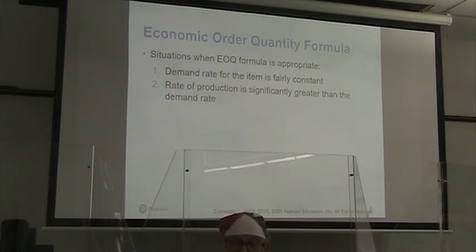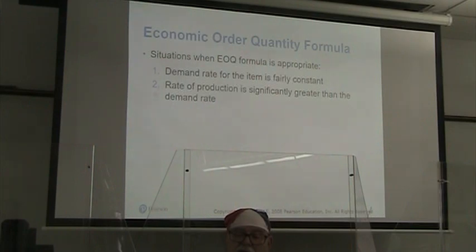All right, so when do we use the economic order quantity formula? When we use it, first of all, we want the demand rate for the item to be pretty close to constant. Doesn't necessarily have to be exactly constant, but that's the useful way to think of it.